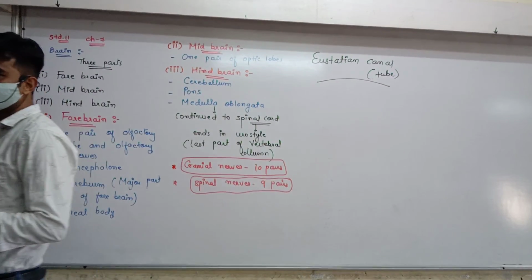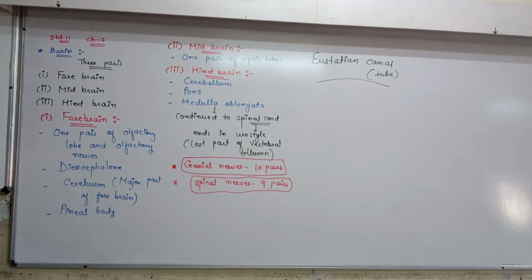Eustachian tube or Eustachian canal connects the middle ear to the pharynx, and the pressure of air is maintained inside it. It is responsible for maintaining the balance of the body.